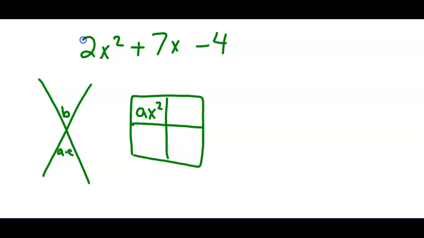What goes here? C. And then I have a star here, but I don't put my x here, and a star here. And these two things add to B and multiply to A times C. Remember, we called that the master product.